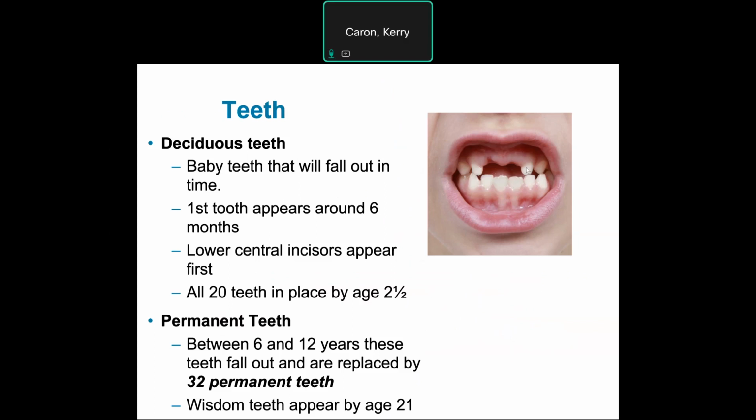And by 2.5 years old, you have about 20 teeth. As you age, the teeth fall out. Between 6 and 12 years old, all of your deciduous teeth will fall out, and you will get 32 permanent teeth. And wisdom teeth appear by age 21.